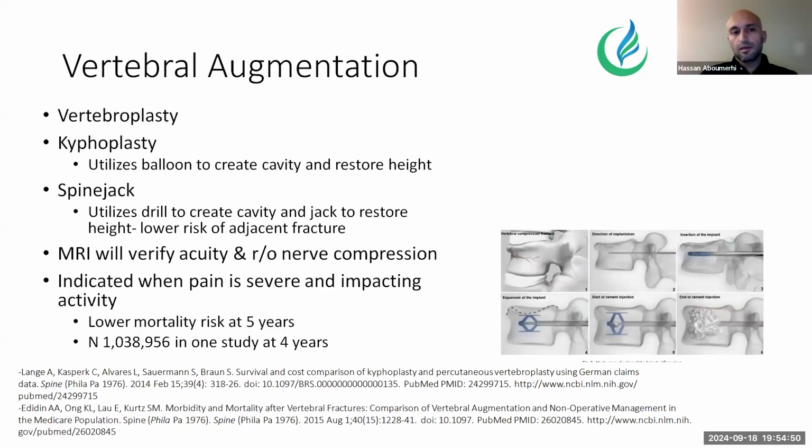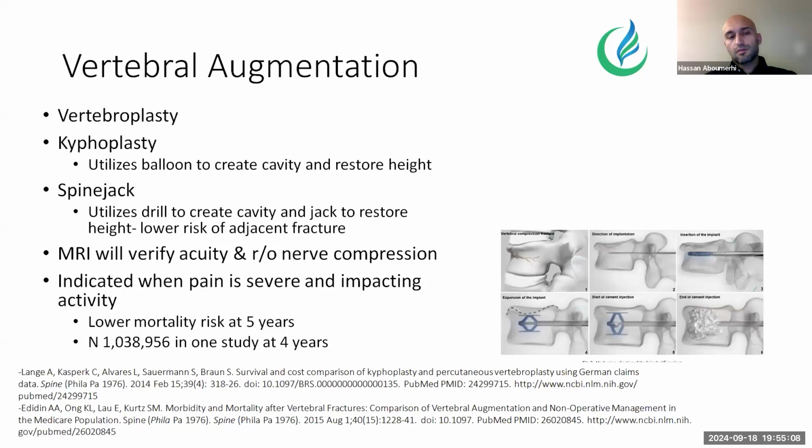the vertebral body. For the most part, I always prefer to do kyphoplasty in that osteoporotic patient because, again, you're trying to regain height and restore integrity at that vertebral body.